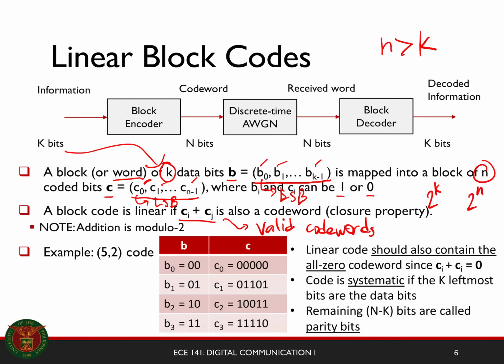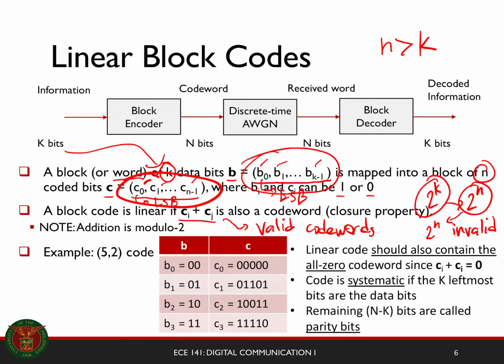But since we're only mapping from 2^k to the set of 2^n, there will be some combinations of 2^n that are unused, and they will be invalid code words. So the valid code words only come from mapping the message bits to an appropriate combination of n bits that forms a code word.